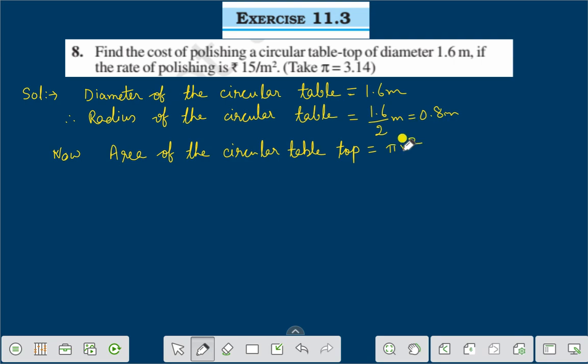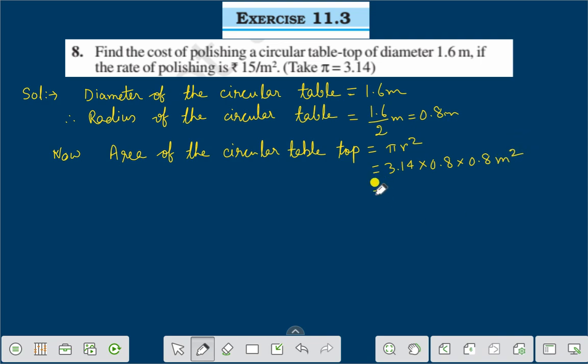The value of pi you have to take 3.14, that is equal to 3.14, and r means radius, that is 0.8 into 0.8, and the unit would be meter square because this is area.